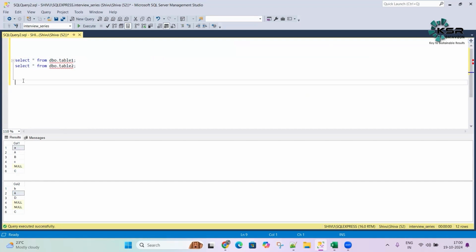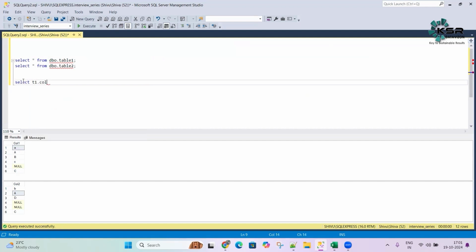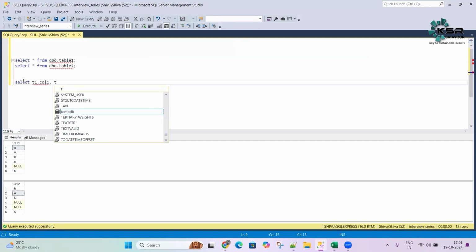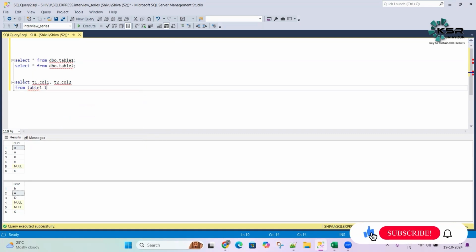Simple. First is SELECT whatever we need to select. We need to make an alias: from table 1 we need column 1, comma, from table 2 we need column 2. Then from where do we need that? We need it from table 1, which we are aliasing as T1. What we are doing is an inner join, and for which table?